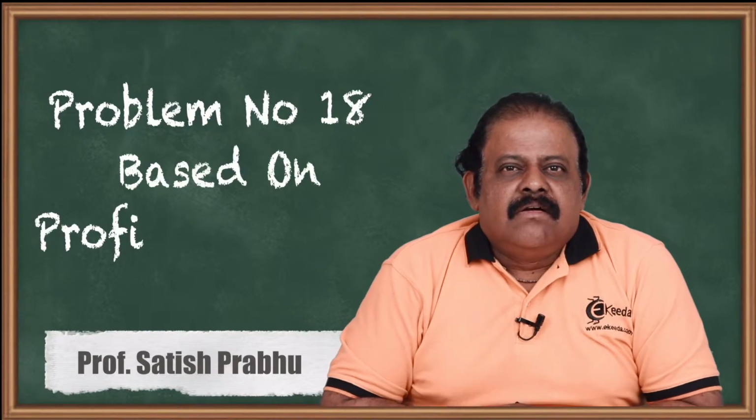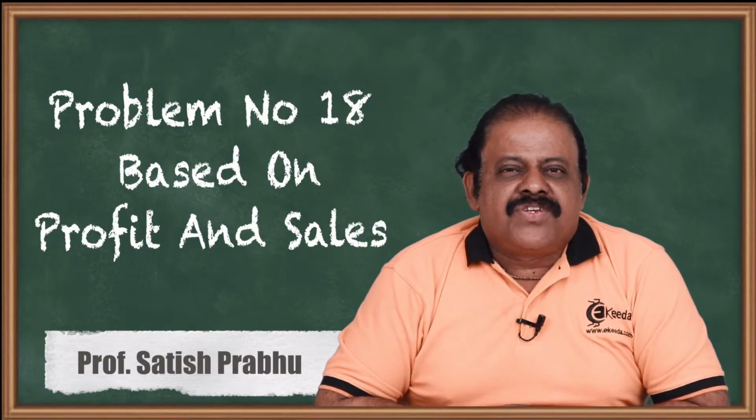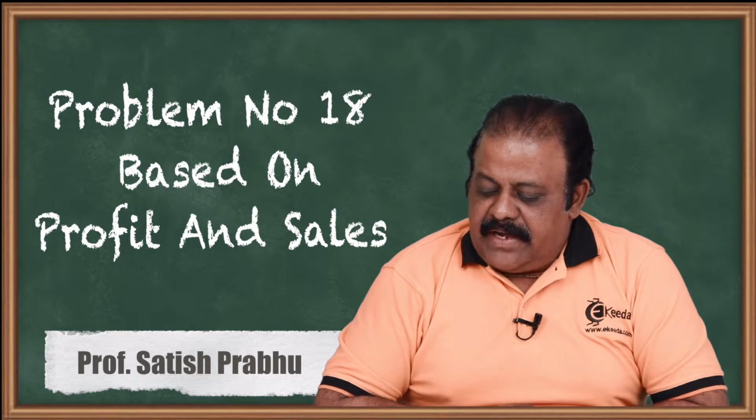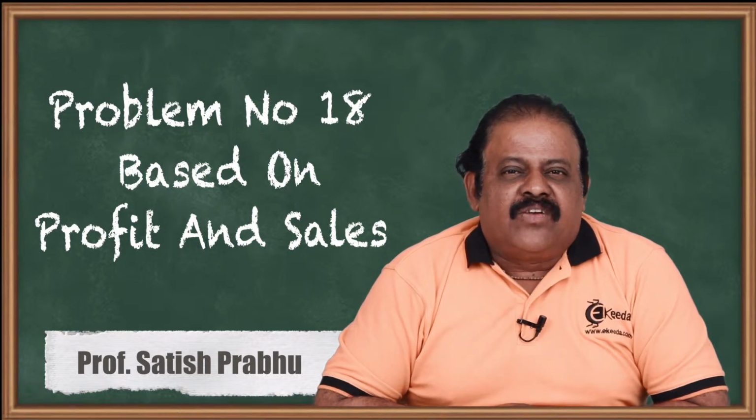Hello friends, today we will be discussing one question of marginal costing where we are required to find out profit on sales based on various information given in the question.